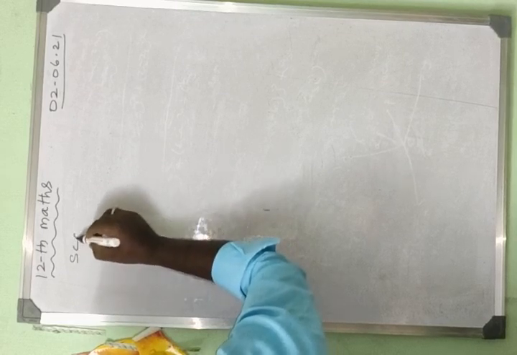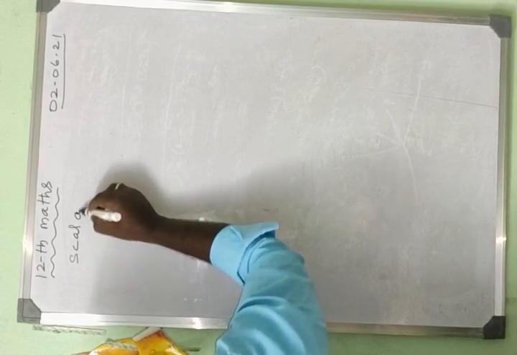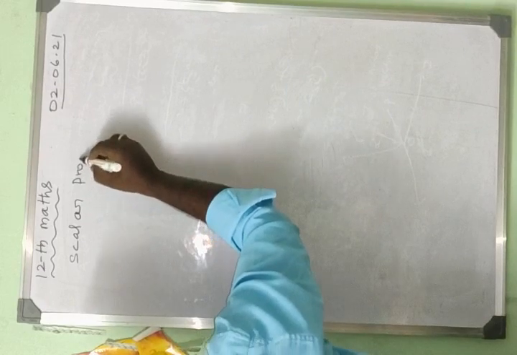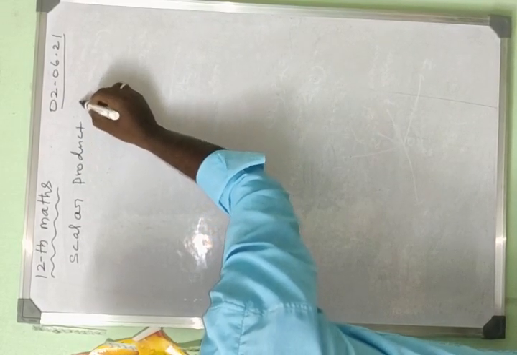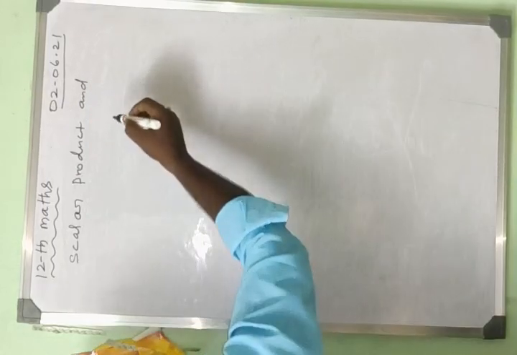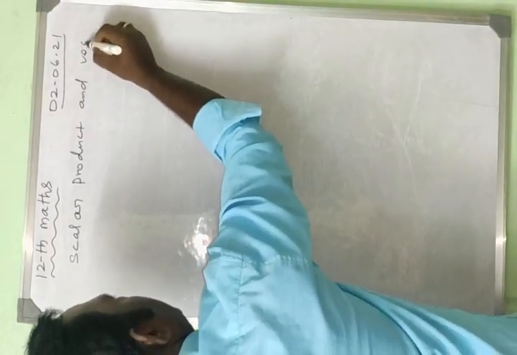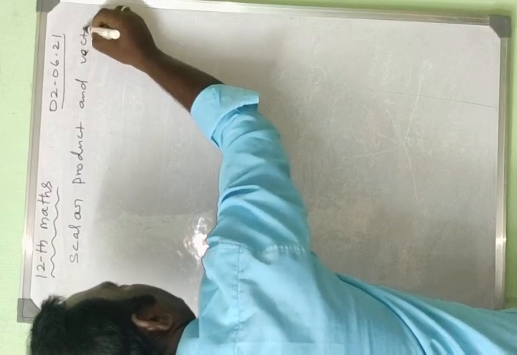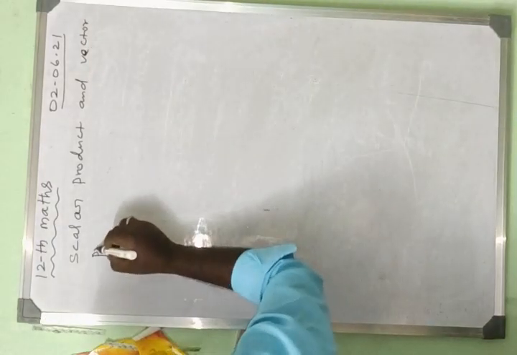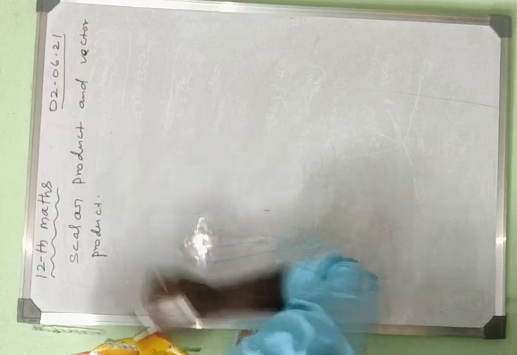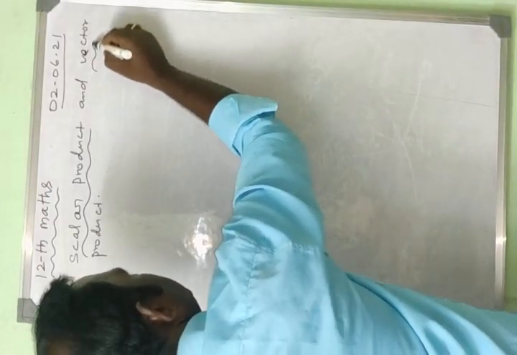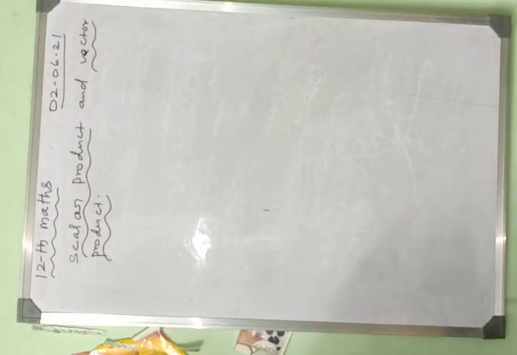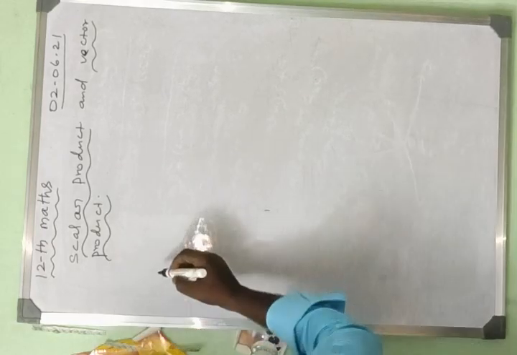First we see the scalar product, and next the vector product. What is the definition? Definition 6.1.